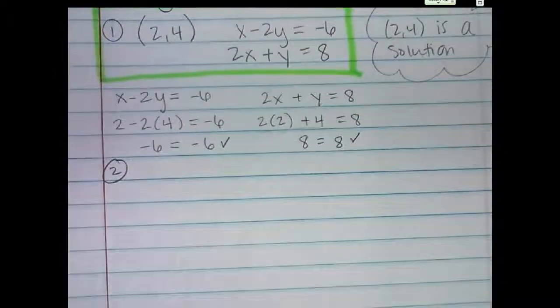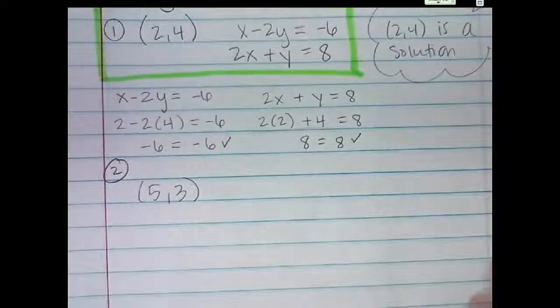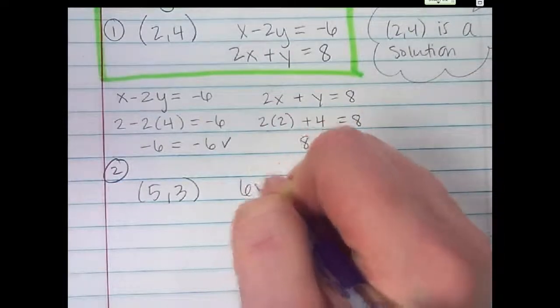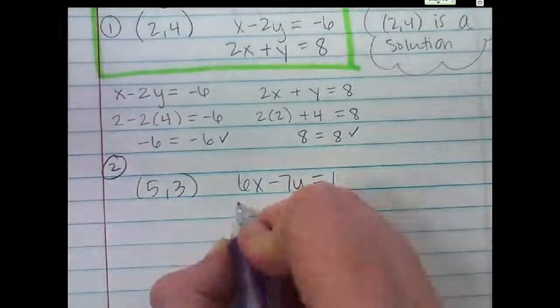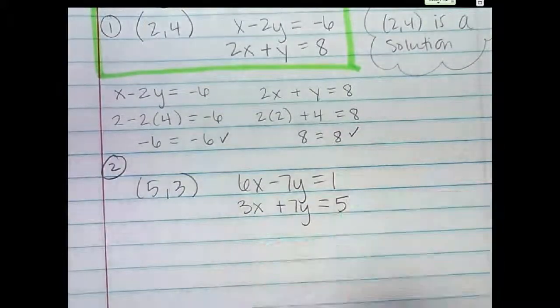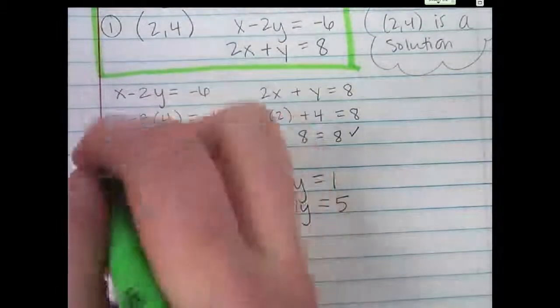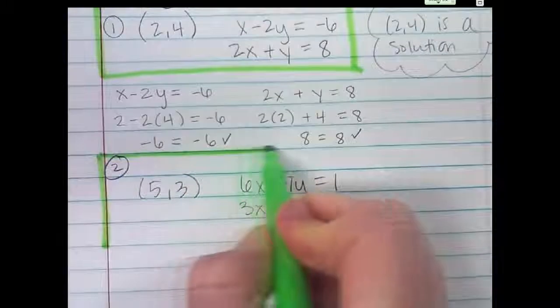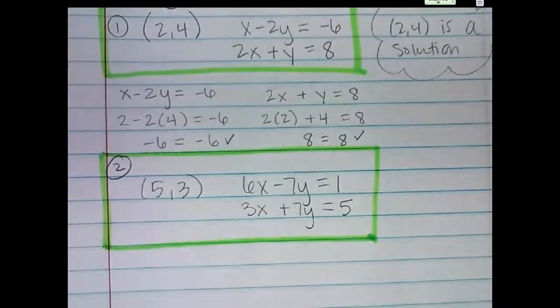Okay, let's do one more of those. So they'll give you 5,3 as the coordinate point. There's what they give you. So go ahead and plug it into the first equation and see if it works.